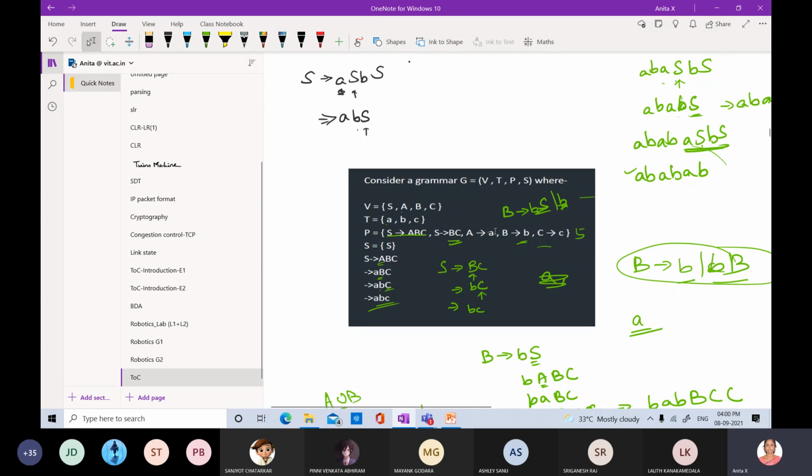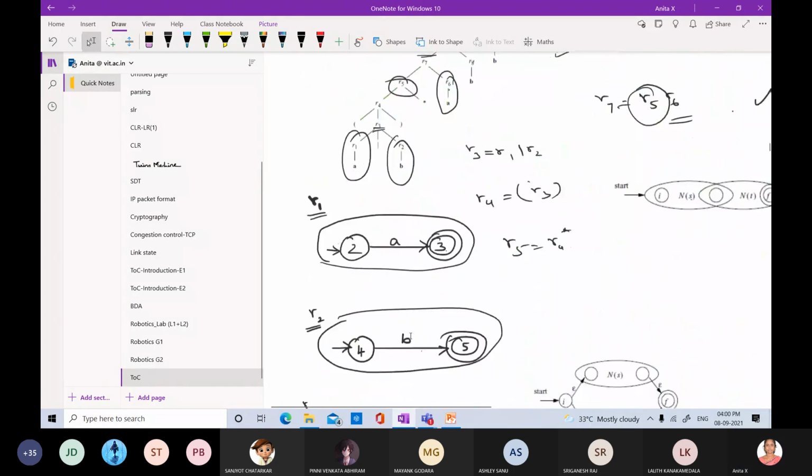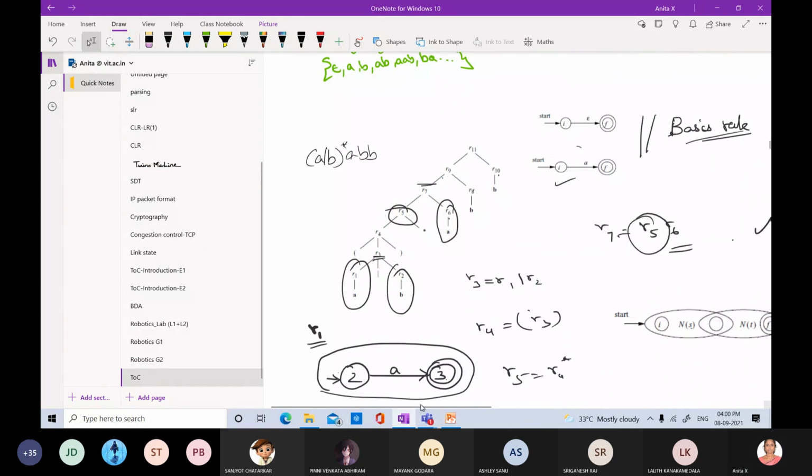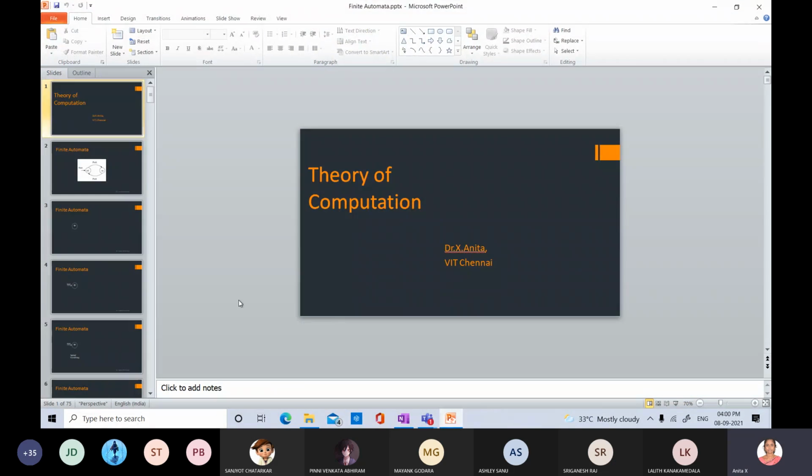I cannot proceed with A derives D; those productions cannot be used, right? Because the start symbol is S, I can either use this one or this one. In this example, we have chosen this one and then correspondingly reduced using the rest of the productions, right?